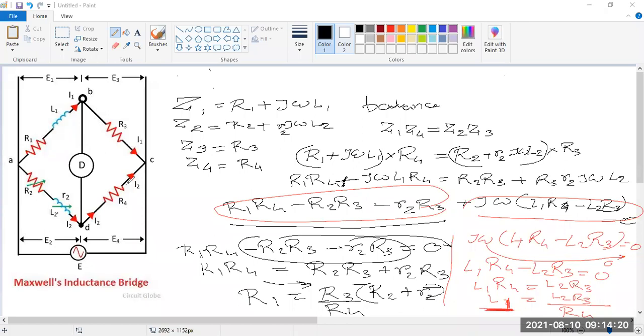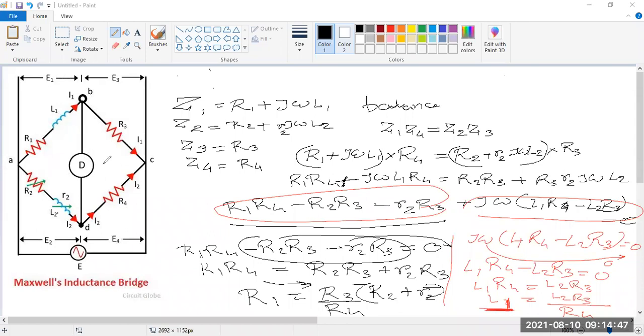So this is the Maxwell inductance bridge, and this is a very popular bridge. For calibration purposes we use it in various R&D sections. Guys, if you have any question, you may ask me, and then I am going to the Phasor diagram, how to draw the Phasor diagram.